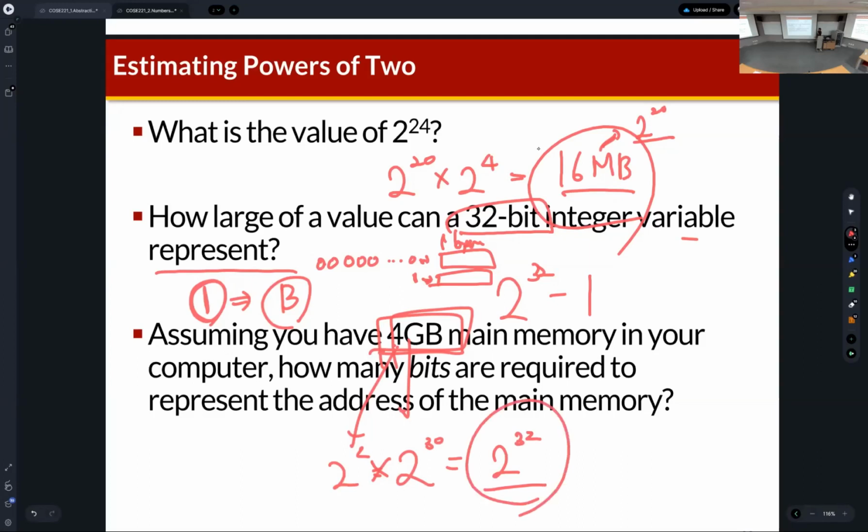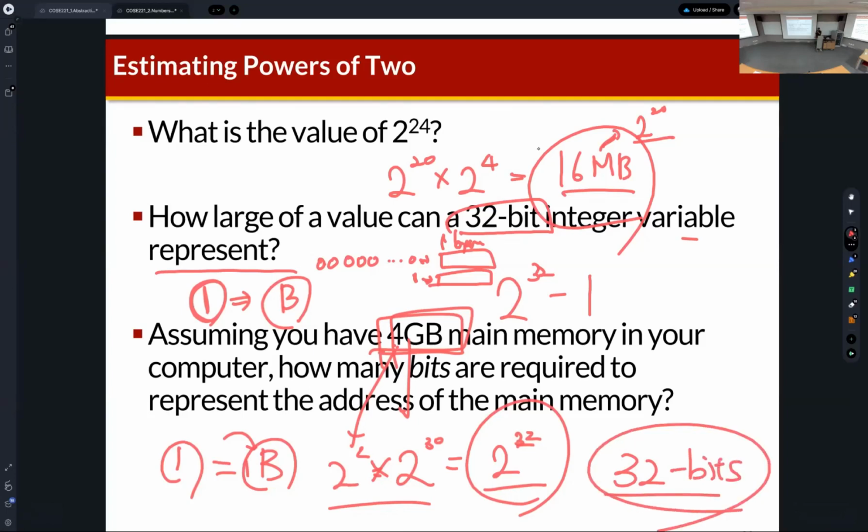That is the number of bytes that can be stored in this main memory. Address 1 is mapped to 1 byte of data. Then how many bits are required? It's 2 to the 32 bytes, so how many bits? 32 bits.